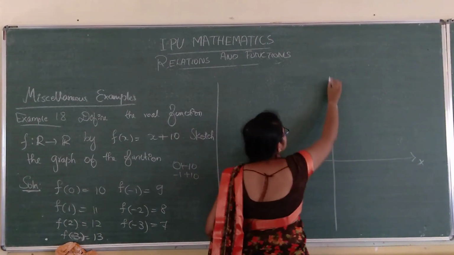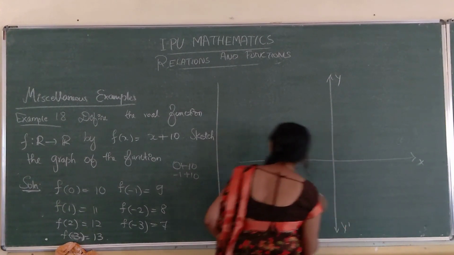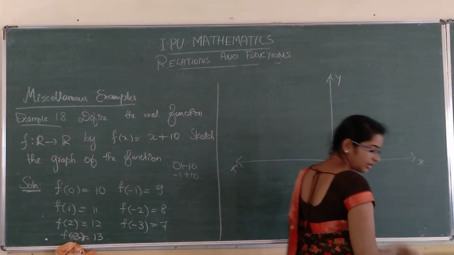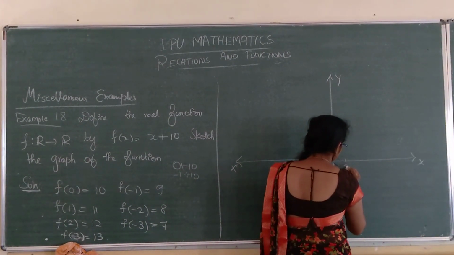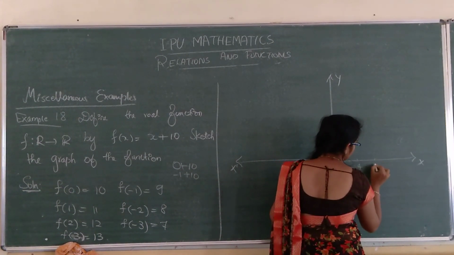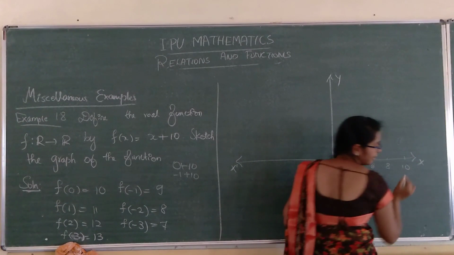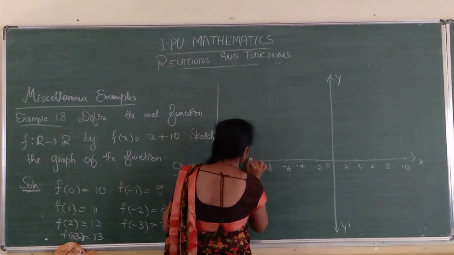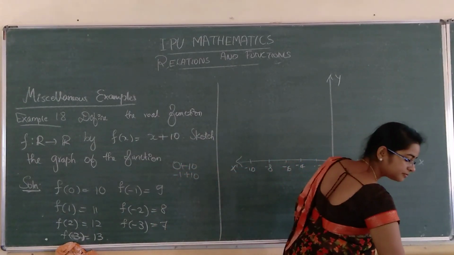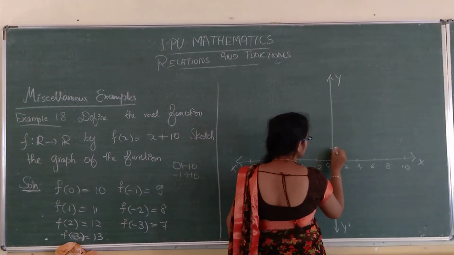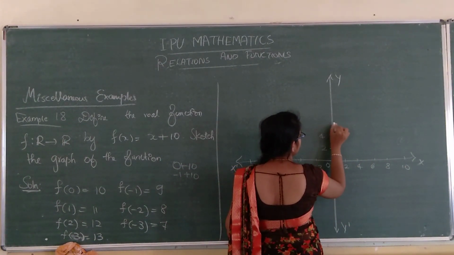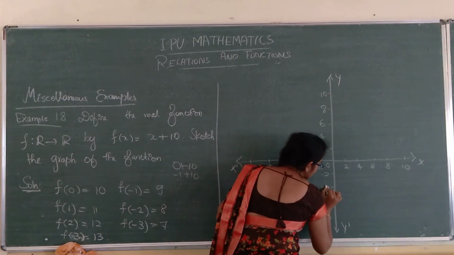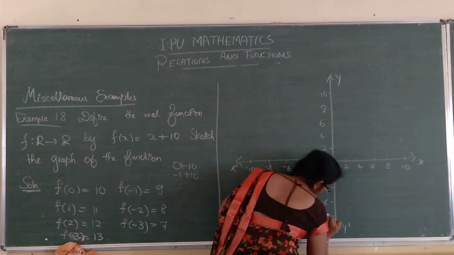This is x axis, this is y axis, this is y dash, this is x dash, 0, 2, 4, 6, 8 and 10, and minus 2, minus 4, minus 6, minus 8, minus 10, on both axes.